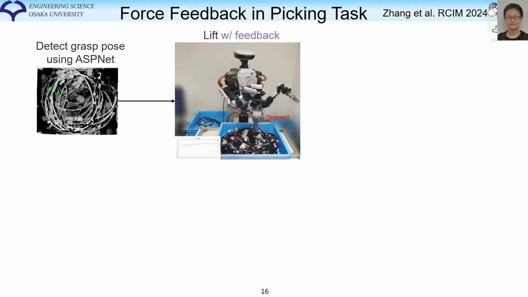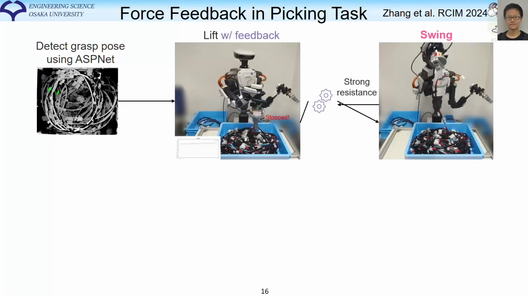First, detect the grasping pose. And in this case, we use the wrist force sensor. According to the information of the wrist force sensor, it is detected that the entanglement occurred. The robot stopped. And then the robot tried to shake the object.